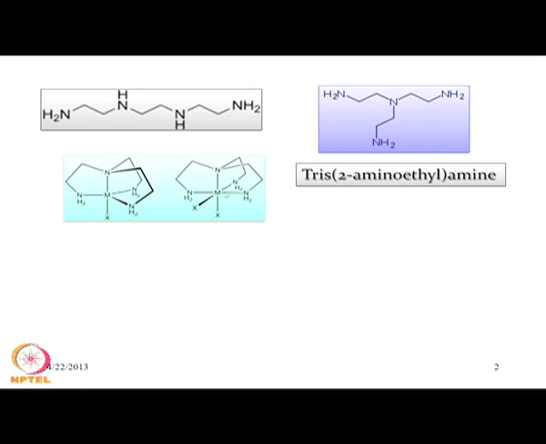This geometry has some distortion, because the accommodation of X is required. The NH2-M-NH2 angle in this molecule was around 120 degrees, which is reduced to around 90 degrees for an octahedral geometry.